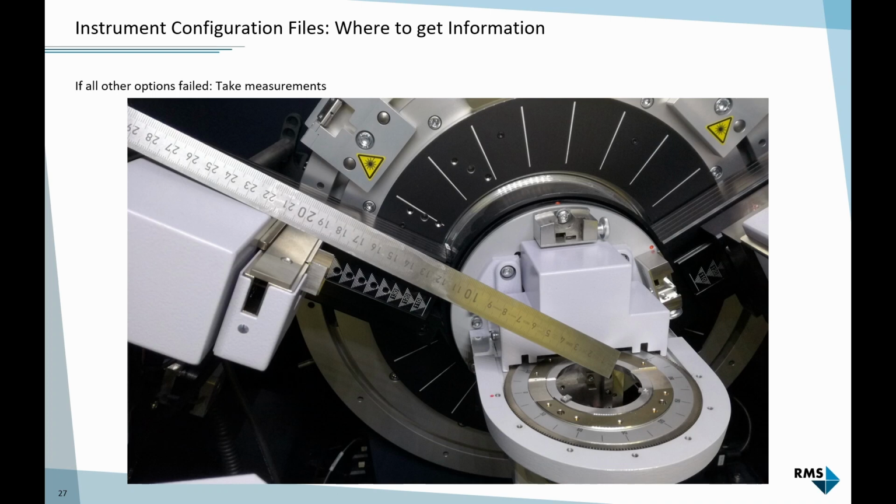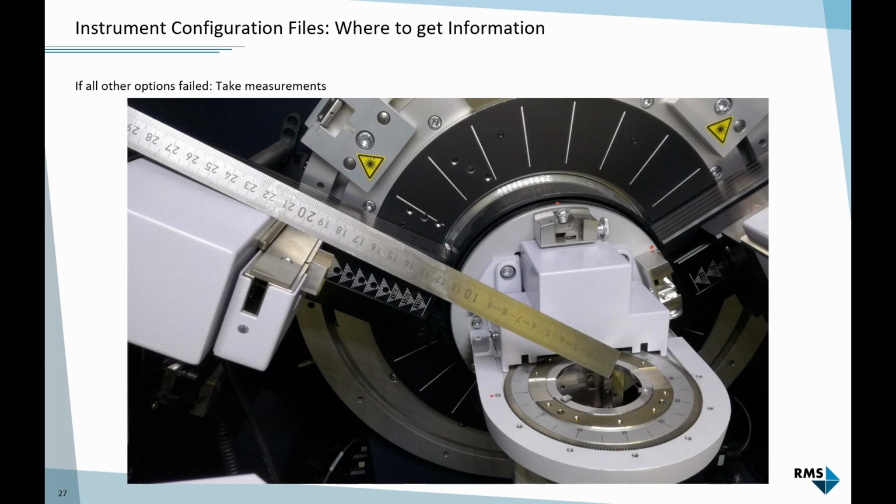Sometimes even on my instrument, the distance between the aperture and the sample is not always accessible from the software. So even on my fairly modern instrument, I had to measure certain distances. So that's how we gather the information for our instrument configuration.